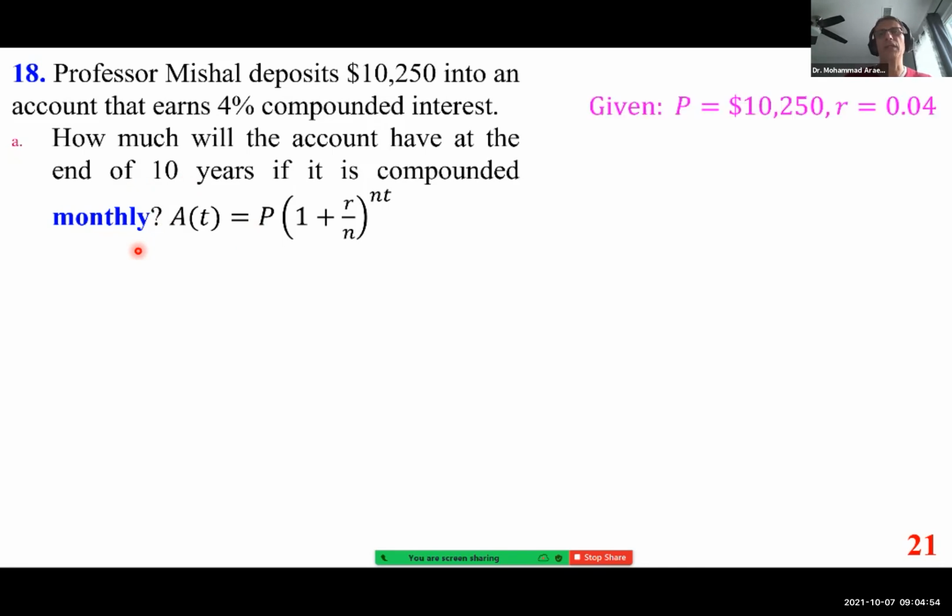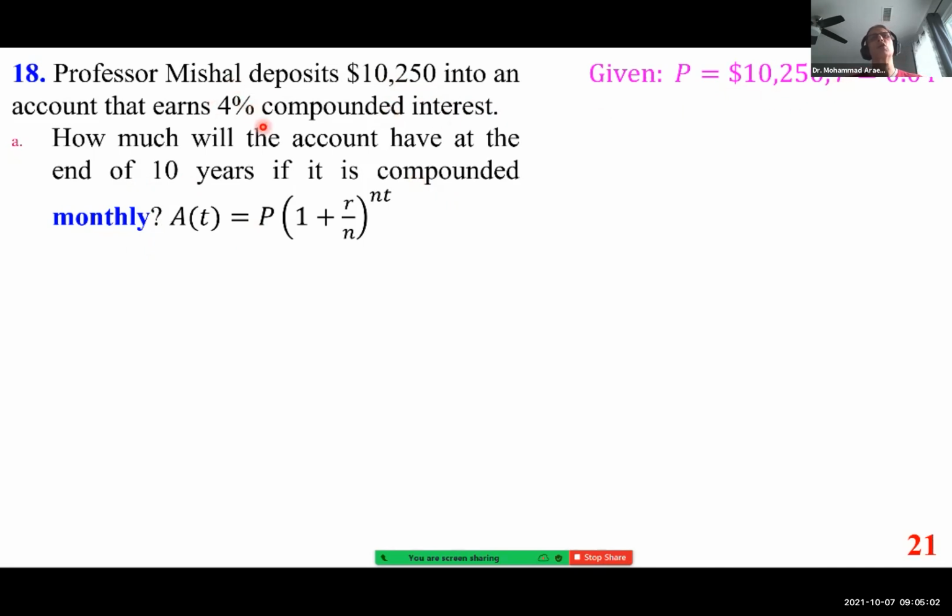Here's the given, everybody. The amount of principal is given to be 10,250. The rate is 4% or 0.04. So we can plug it into the formula, replacing the P with 10,250 and R with 0.04.